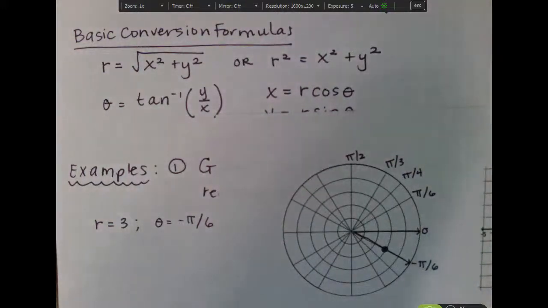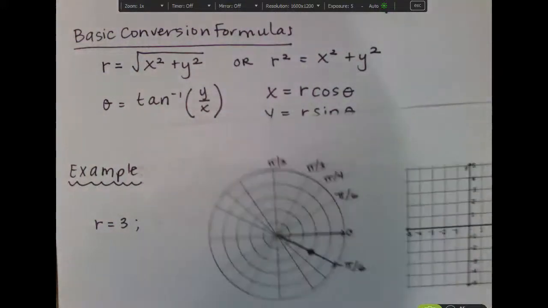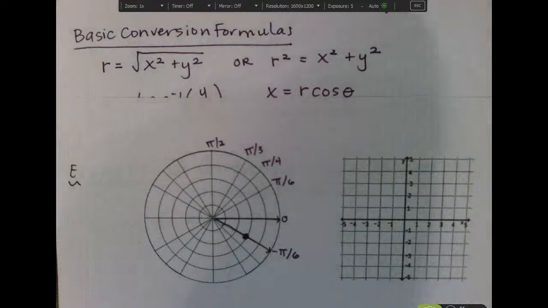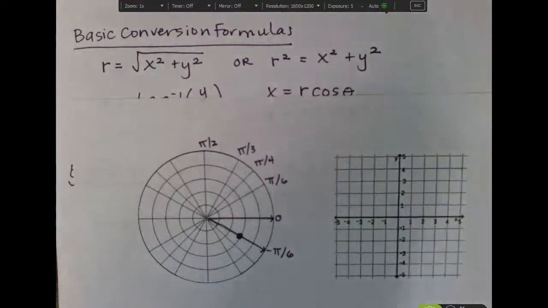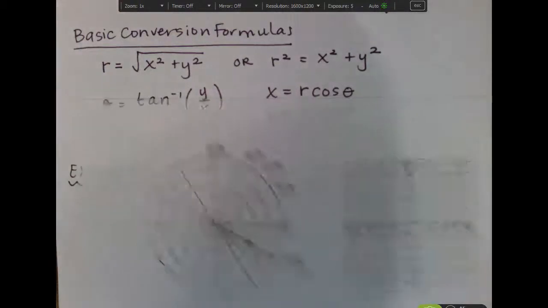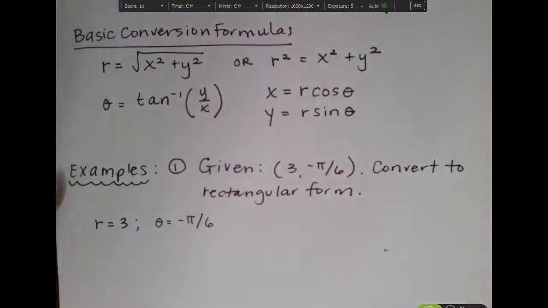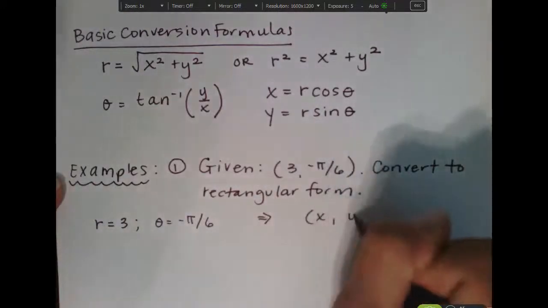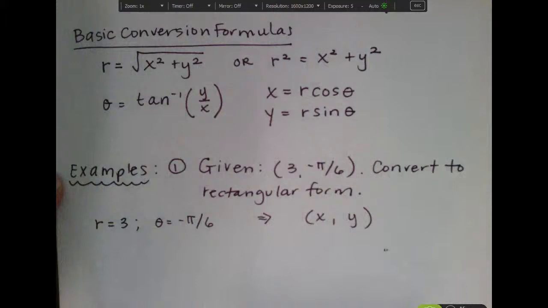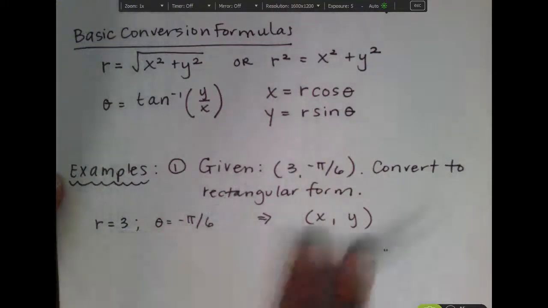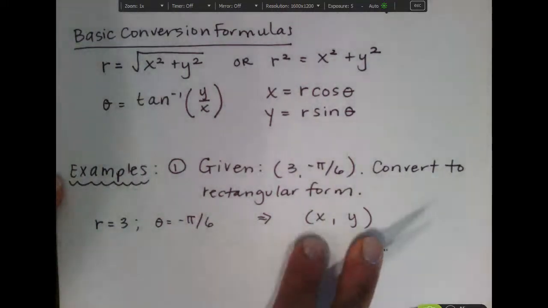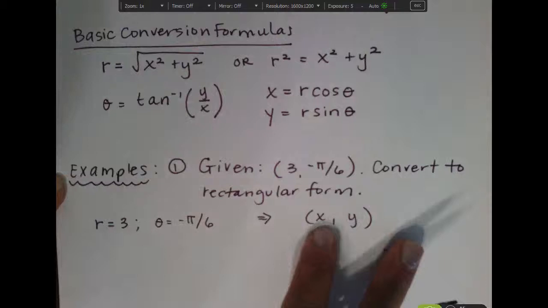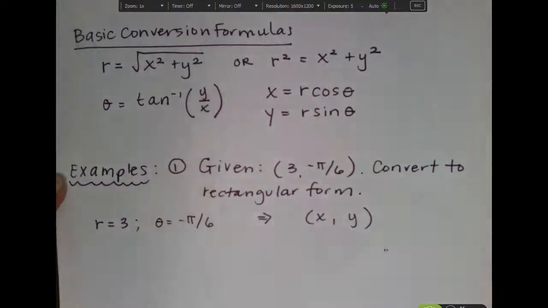So let's go ahead and convert it to rectangular form, and then next to it I'll plot that point in rectangular form, and we'll make sure that's in roughly the same location. For the actual conversion, I need to take this point that's in r, theta form and convert it to x, y form. So how do I get x when I know r and theta?